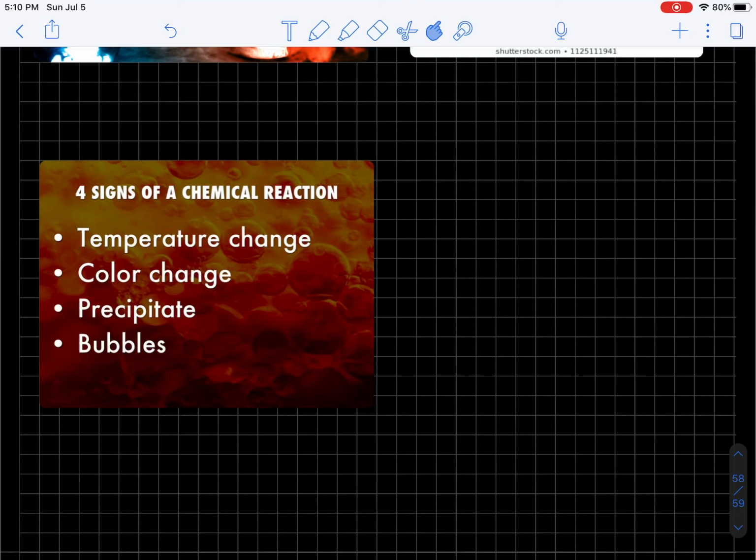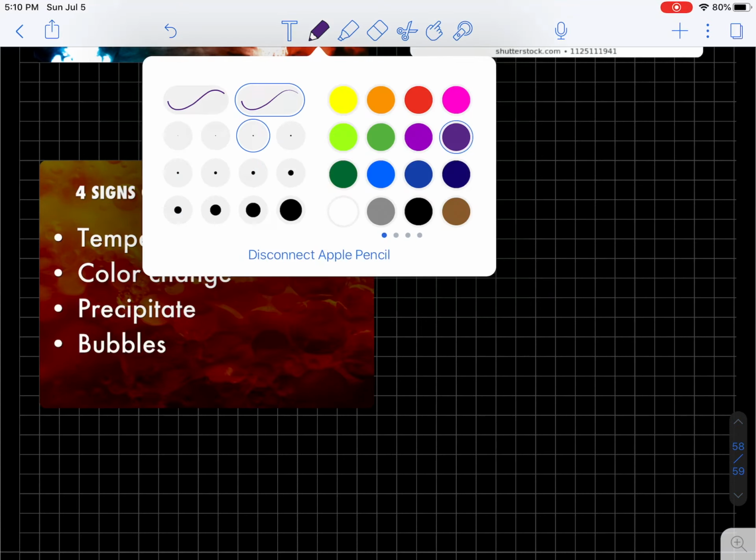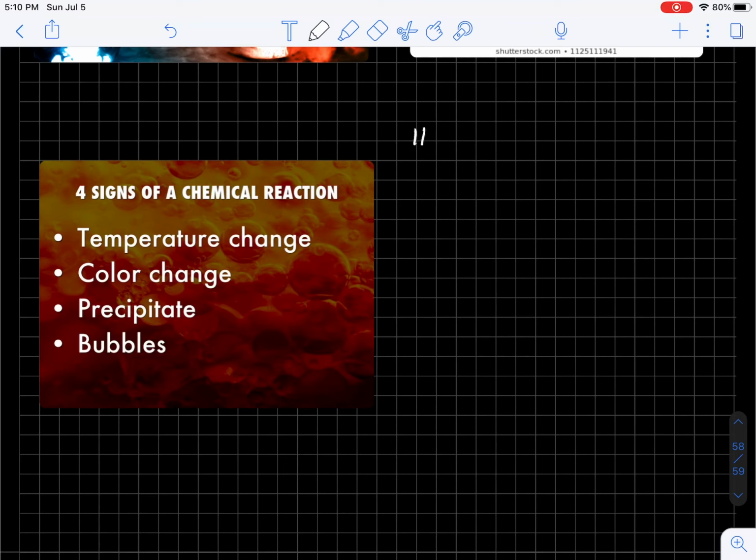One of the signs of a chemical reaction is that heat is either released or absorbed in the chemical reaction. If heat is absorbed by the reaction, that means the surroundings get colder.